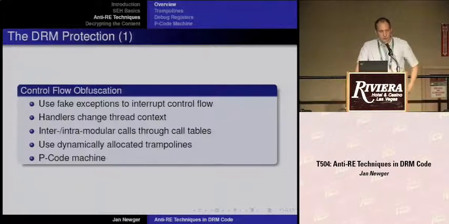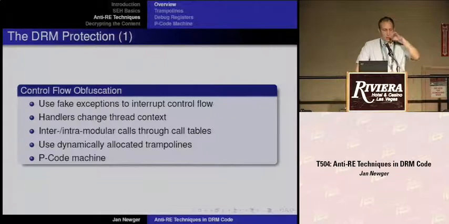And the exception handlers which react on these fake exceptions actually use logic to change the thread context. Since it's able to modify the thread context, it can, for example, change the instruction pointer and the program resumes at a totally different location.